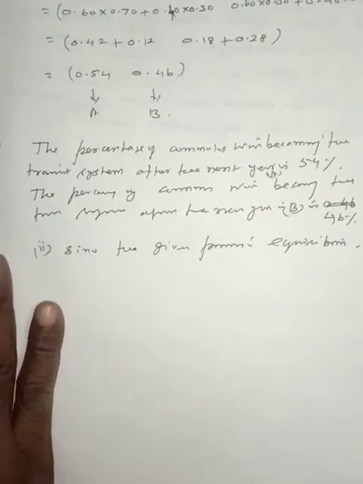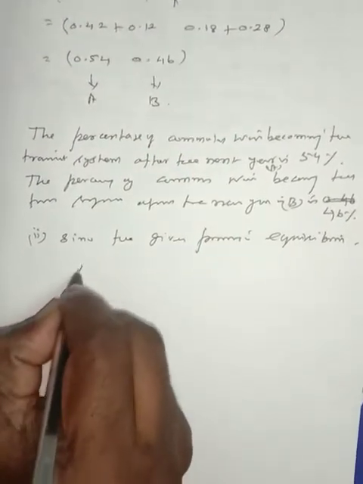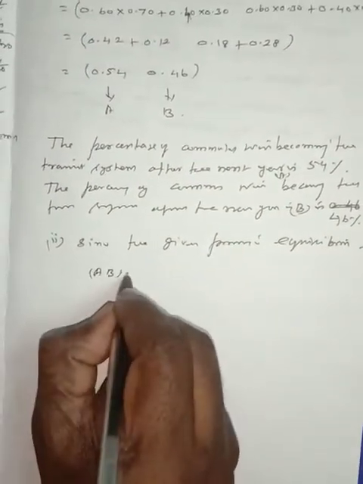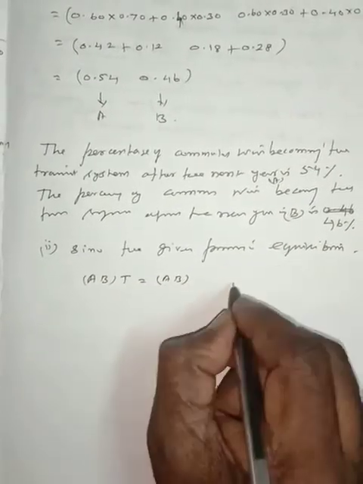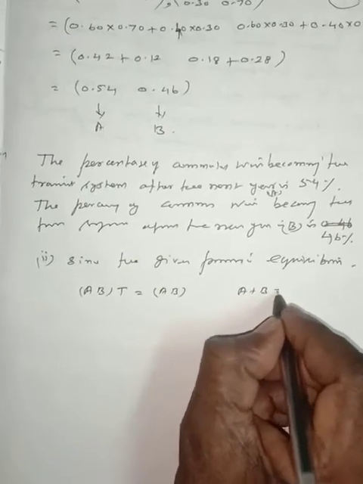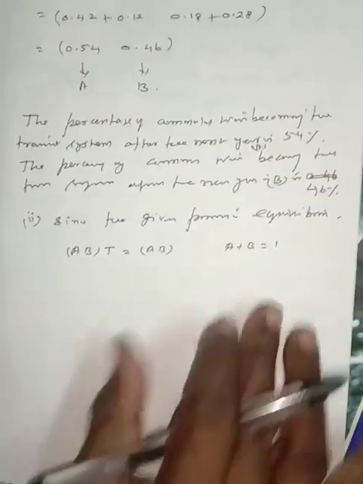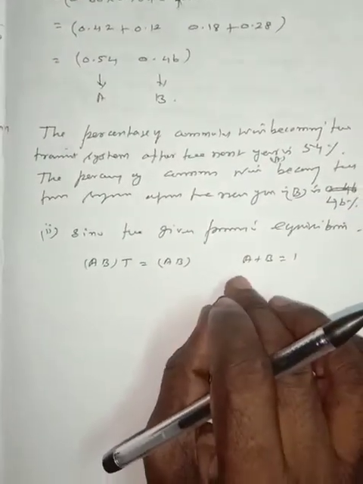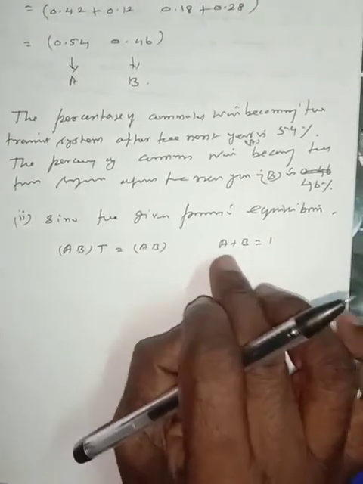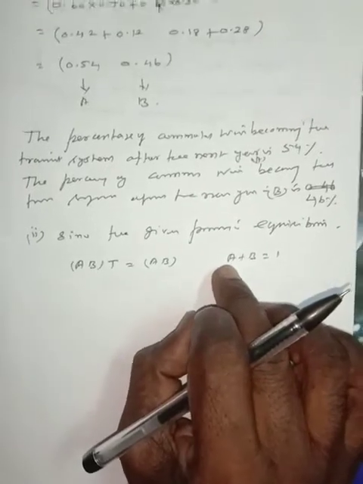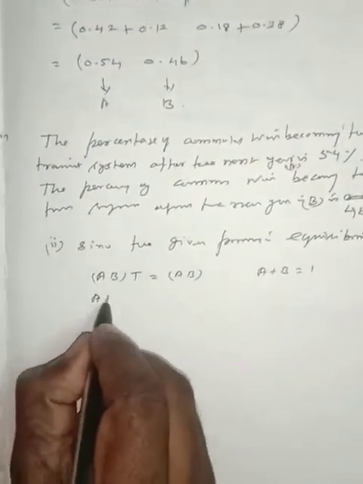Therefore AB times the transition matrix is equal to AB. In this case, A plus B is equal to 1. Suppose a 2 cross 2 matrix is given, then identity is 1 0 0 1. Suppose a 1 cross 1 matrix is given, the answer is 1.